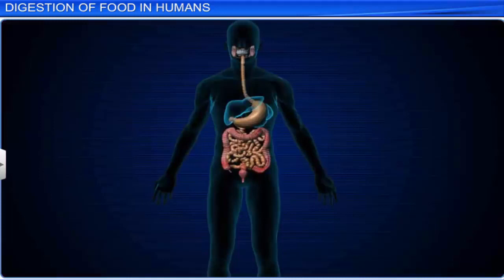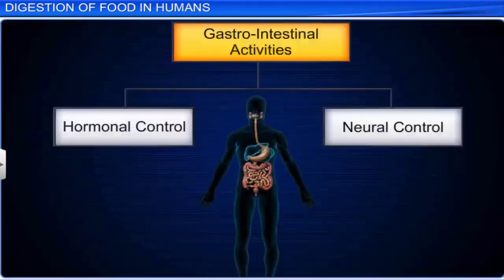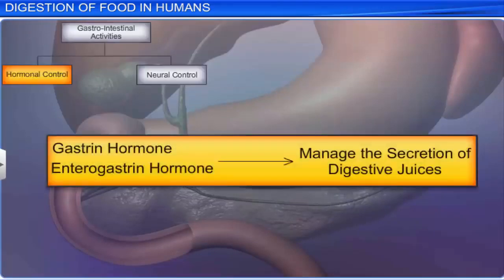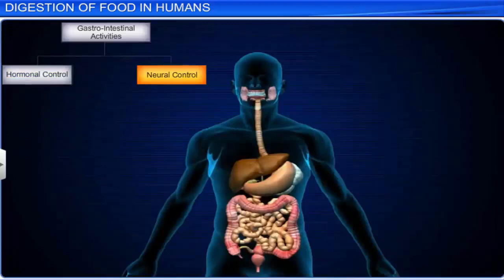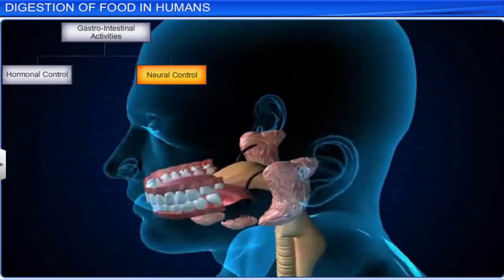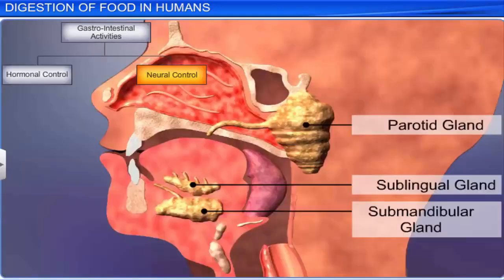Interestingly, for proper coordination of different parts of the gastrointestinal tract, its activities are under hormonal and neural control. For instance, local hormones produced by the gastric and intestinal mucosa manage the secretion of digestive juices. On the other hand, the sight, smell or presence of food in the oral cavity leads to saliva secretion.